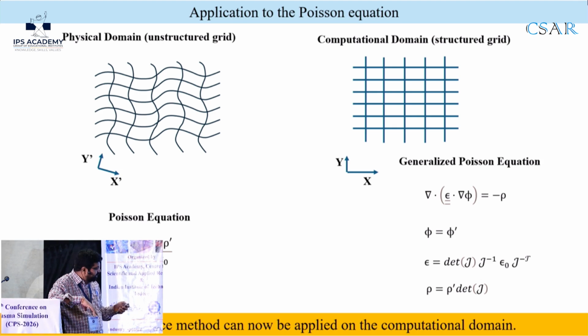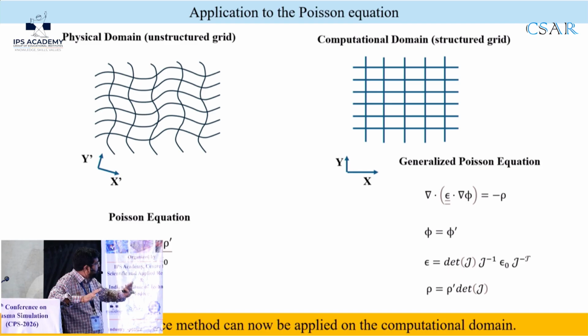On the computational grid, instead of the Poisson equation, I'll have a generalized Poisson equation. In the generalized Poisson equation, because phi is a scalar, it will remain as it is and will not get transformed. But epsilon and rho will get transformed accordingly. That is the general idea.